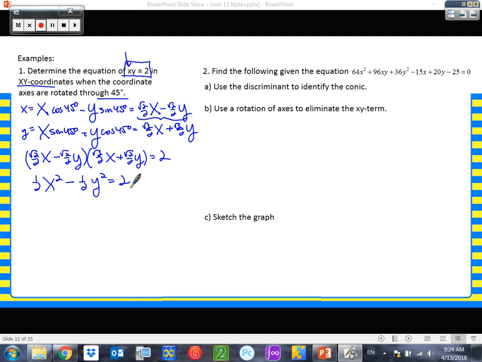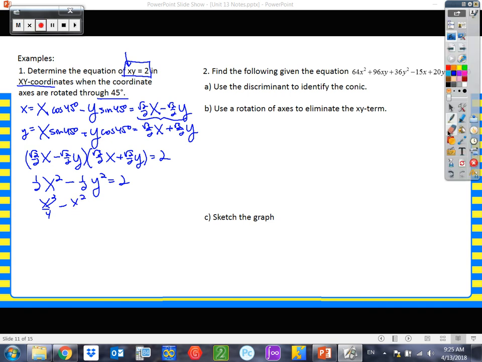Now that looks more familiar, more normal. We can see this is going to be a hyperbola. Let's put it in proper form. We would need it to equal 1. So I'm going to multiply through by 1/2, and that would give me X squared over 4 minus Y squared over 4 is going to be 1.